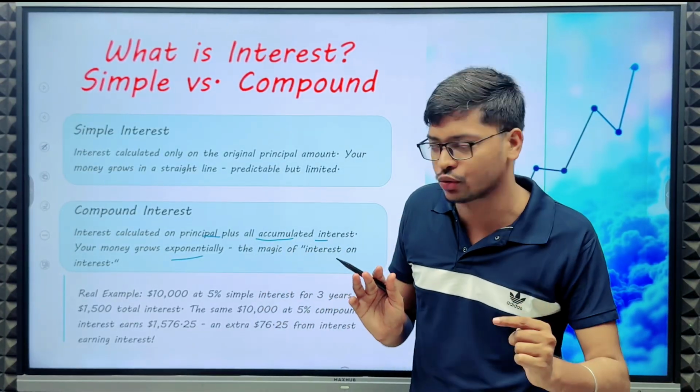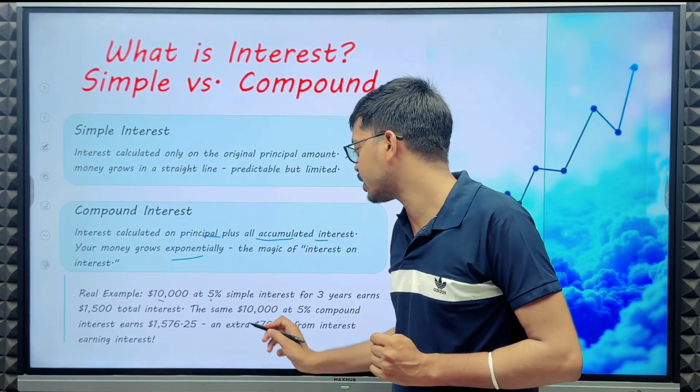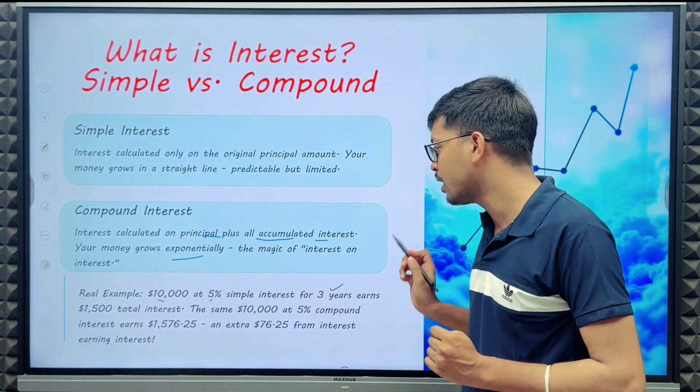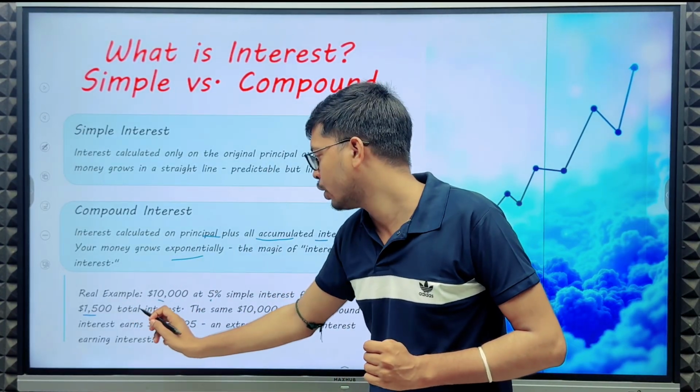I will give you an example also. Here, $10,000 at 5% simple interest for 3 years earns $1,500 total interest.